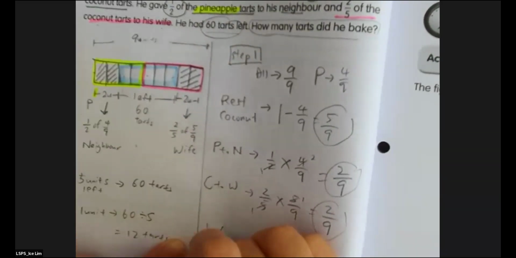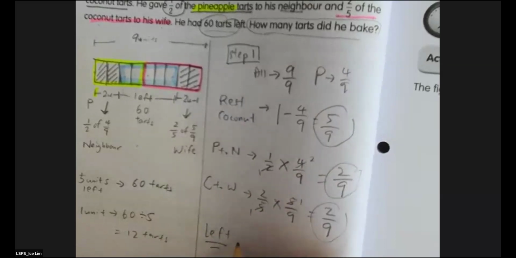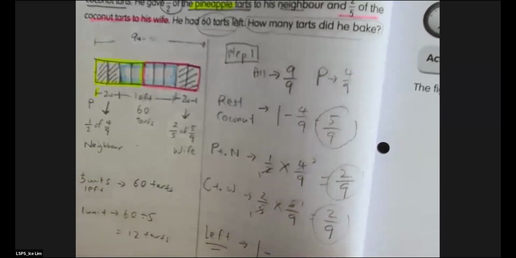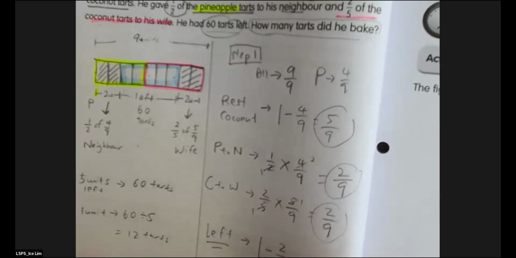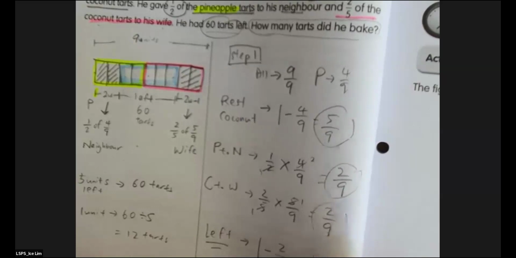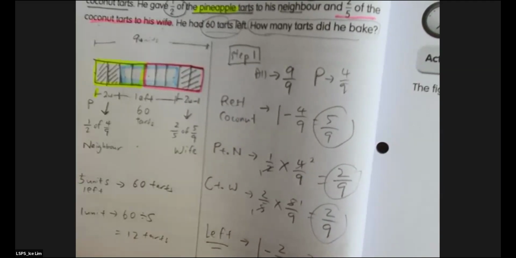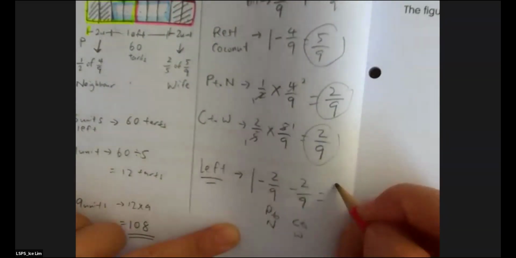So what is left will be 1 whole, that's 9 nines, minus 2 nines, the pineapple to the neighbor, minus 2 nines, the coconut to the wife, will give you what is left. So the left will be 9 minus 4, which is 5 nines.